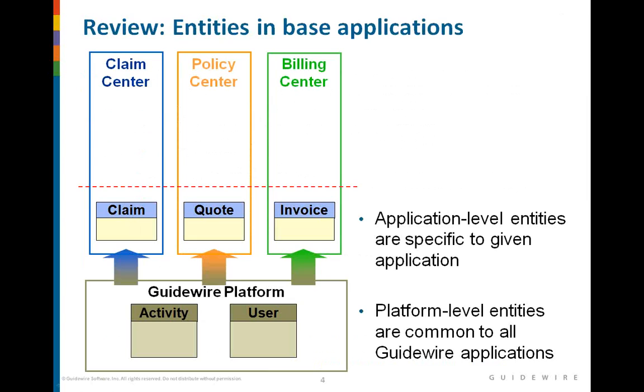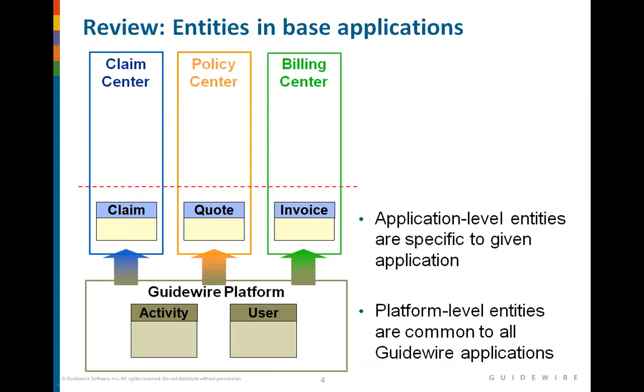If you see activity, user, activity pattern, group, these are all the common entities which are available for all the products. The same activity is available for all the products, the same user is available for all the products, and these are called platform level entities. These are common to all the products.